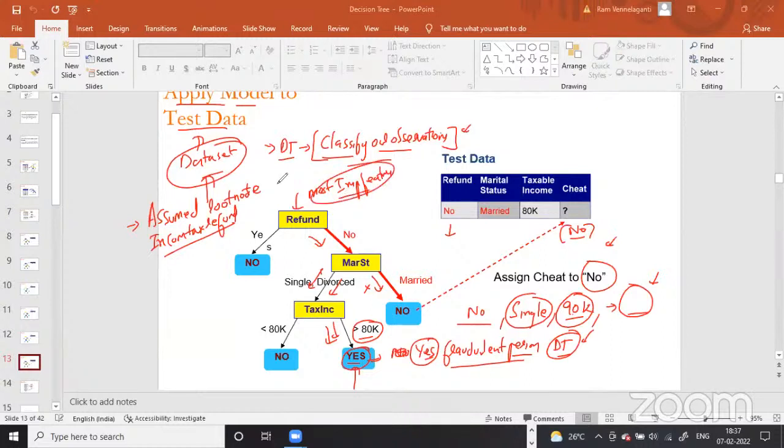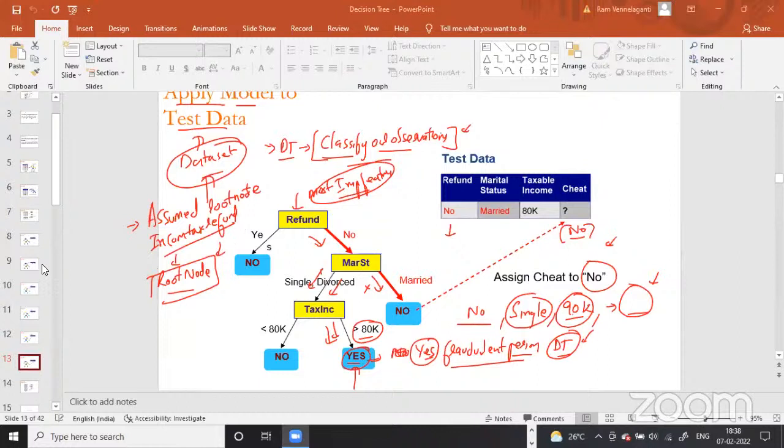For any given problem, you should be in a position to statistically discover what the root node is, what the most important feature is, with the help of which you can construct your decision tree and make your predictions and classifications. That is the fundamental question we have to answer. How can we find out our root node?